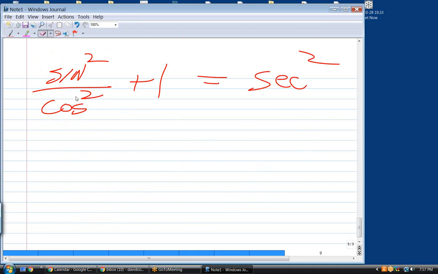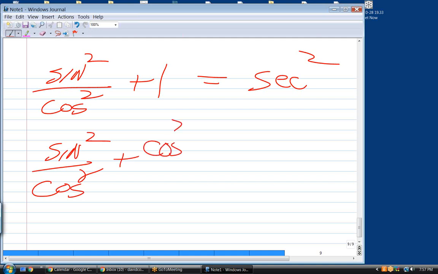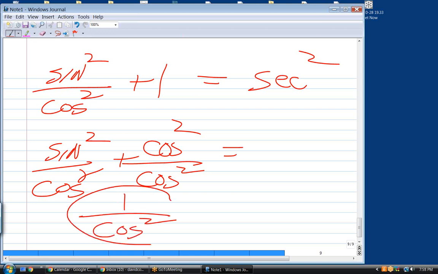Just for example, it would be sine squared over cosine squared. Got to turn that into cosine squared over cosine squared. And now I've got a common denominator, so I can turn this into 1 over cosine squared. And then using the reciprocal identity, that's equal to secant squared. So I get there, but in one more step.